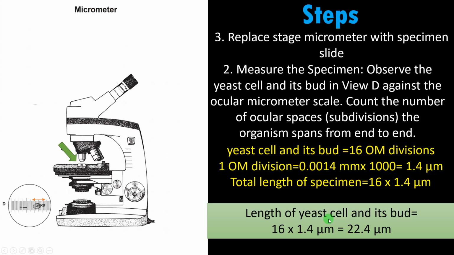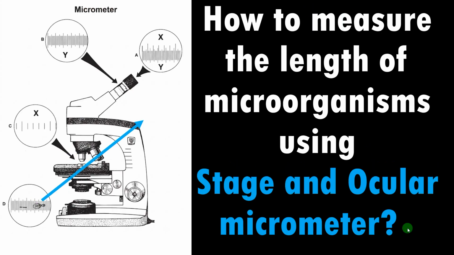So that is the length of this yeast cell and bud, 22.4 micrometer in 10x magnification. And this is how we get this value, 22.4 micrometer.